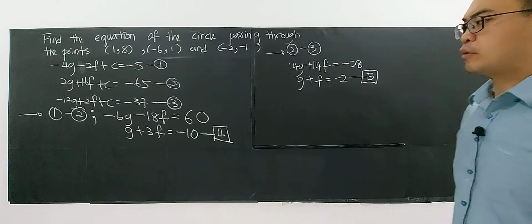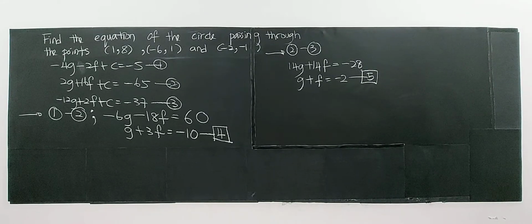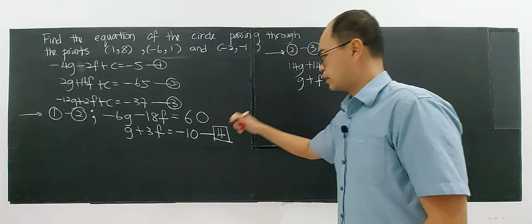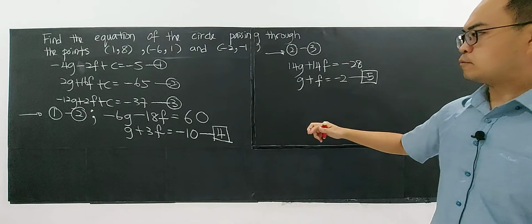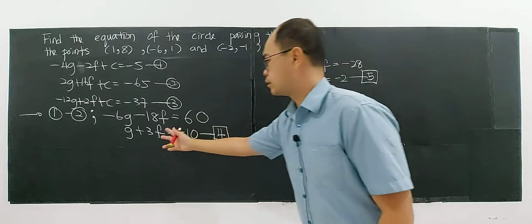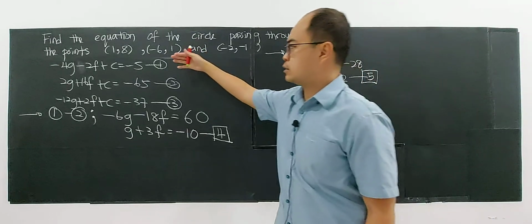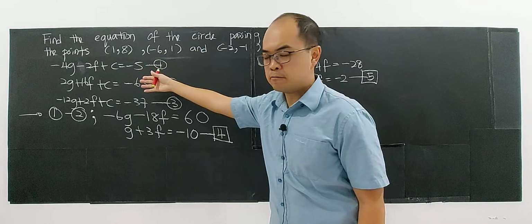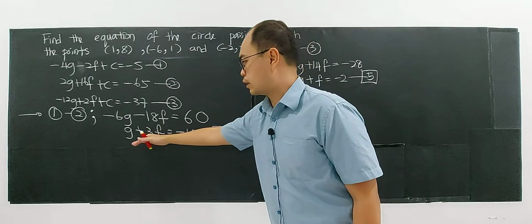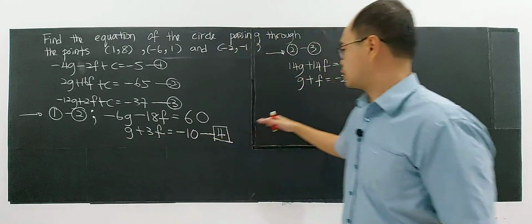It's already enough with just 2 equations because we just have 2 variables. After eliminating c, we get equations without the c.